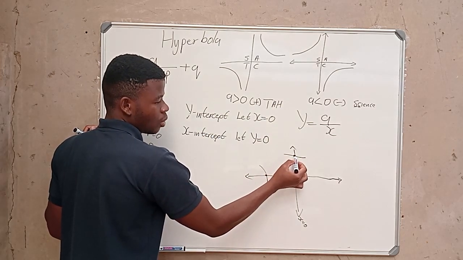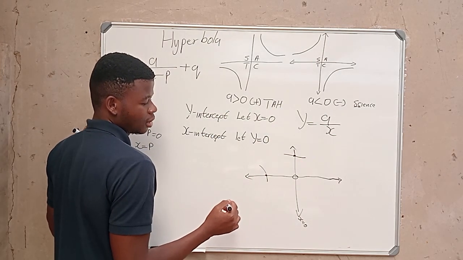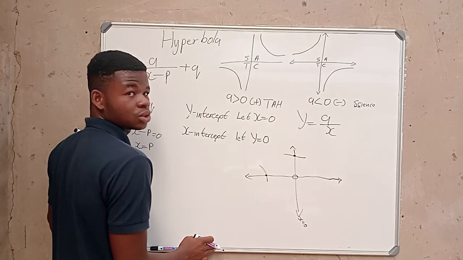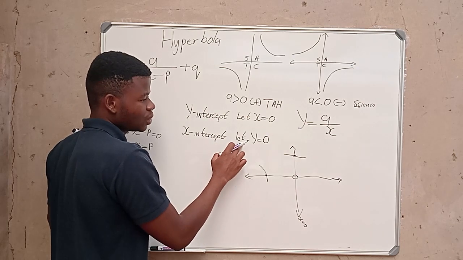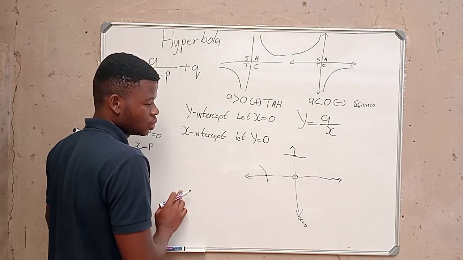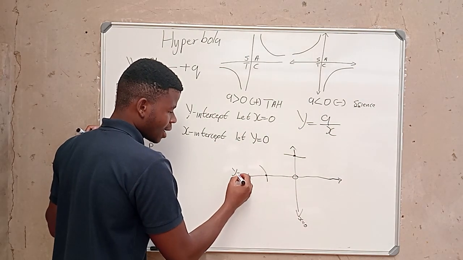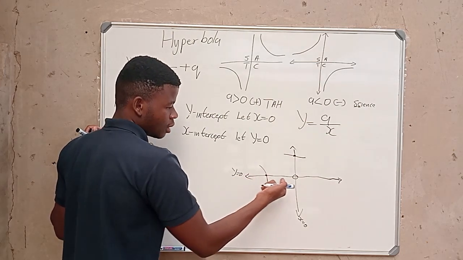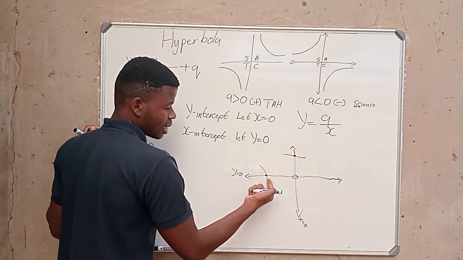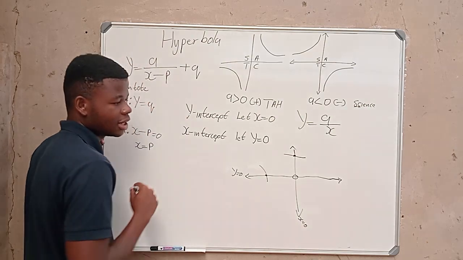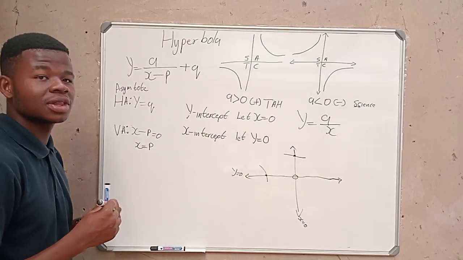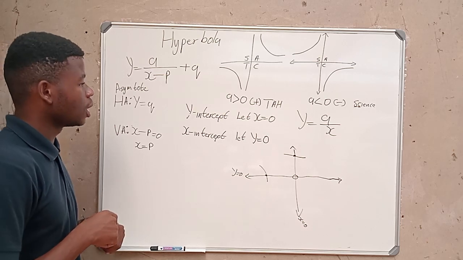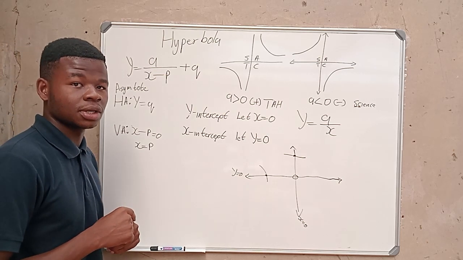For the y-intercept, x is going to be 0, and for the x-intercept, we let y equal 0, because y at this point is 0. So guys, continue with us. I'm about to show you an exam question.